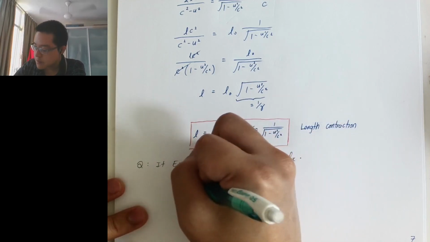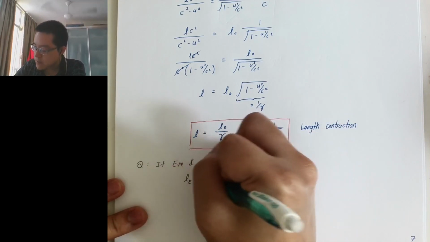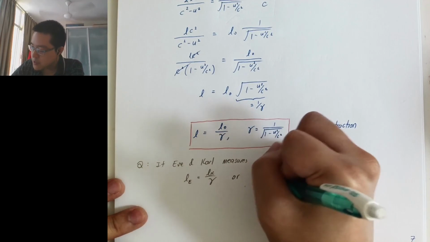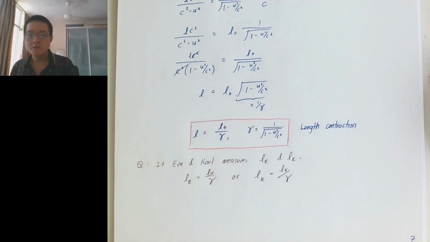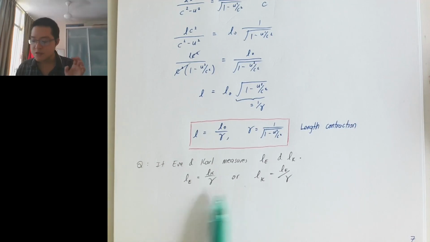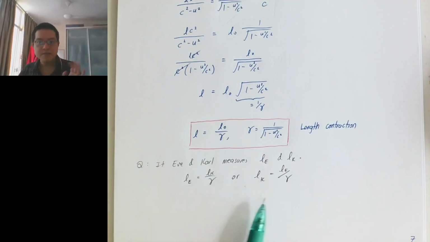The length measured by Eve is Carl divided by gamma, or the length measured by Carl is Eve divided by gamma. The solution, to avoid making this mistake, is that we must identify the proper length.